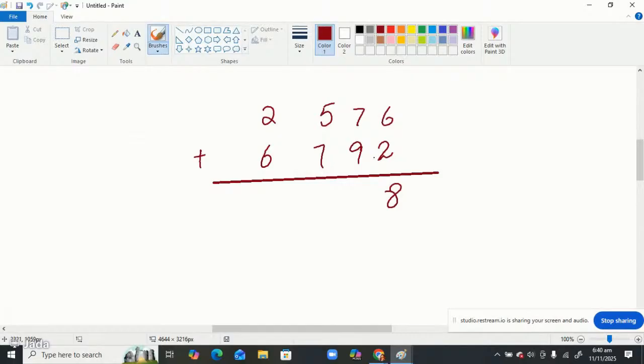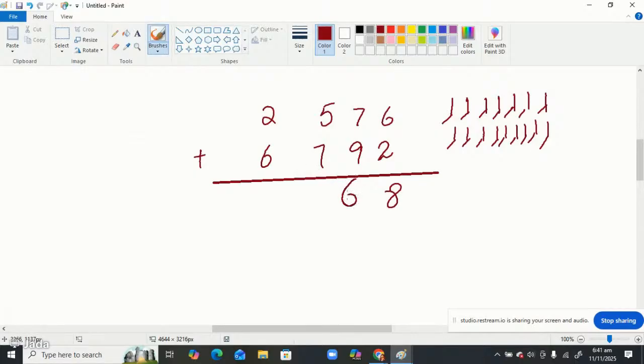Draw 7 lines and draw 9 lines. 7 lines 1, 2, 3, 4, 5, 6, 7. And then 9 lines 1, 2, 3, 4, 5, 6, 7, 8, 9. Count it. 1, 2, 3, 4, 5, 6, 7, 8, 9, 10, 11, 12, 13, 14, 15, and 16.